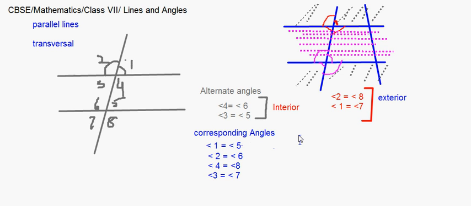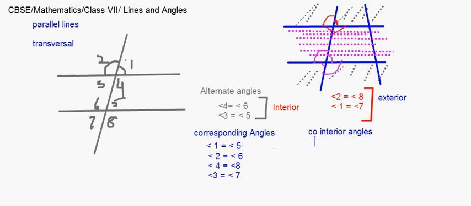Another thing along with the parallel lines we would learn is called the co-interior angles, or angles on the same side of transversal. They are the internal angles on the same side of transversal. Here I'll write it down. Co-interior angles.